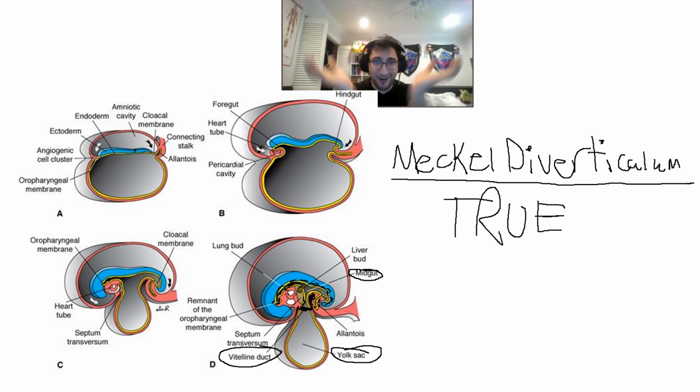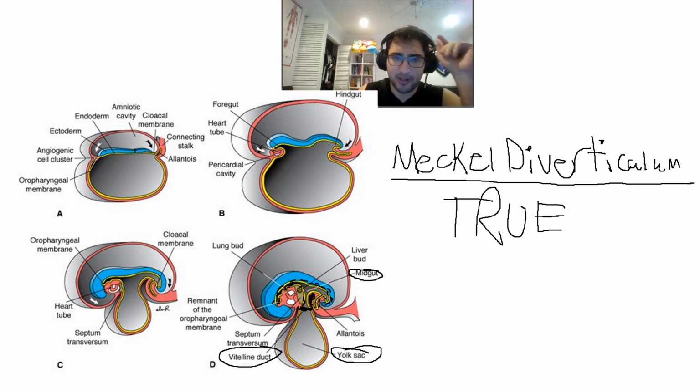It's going to contain all of the wall, all the components of the wall of the gut. Specifically, it's different from a false diverticulum because a false diverticulum will not contain all the components of the gut wall. All right, so the Meckel diverticulum is a true diverticulum.